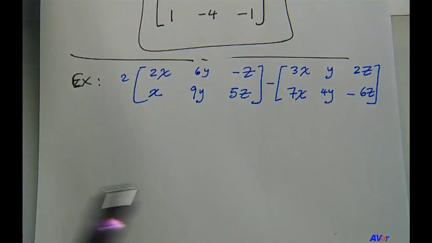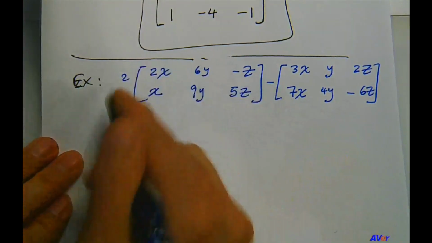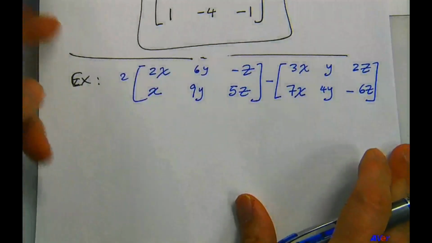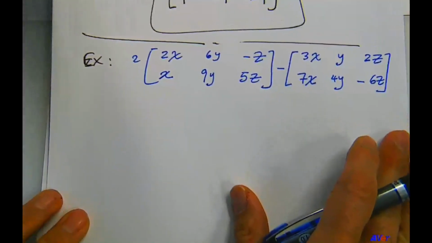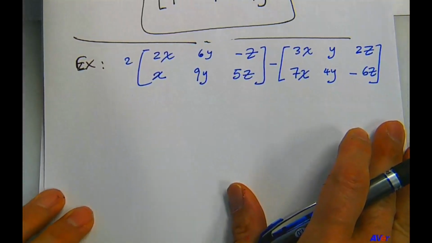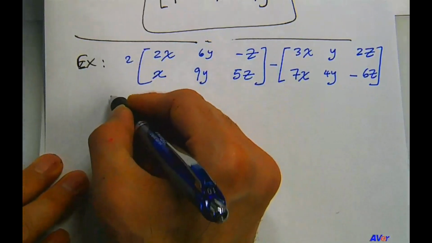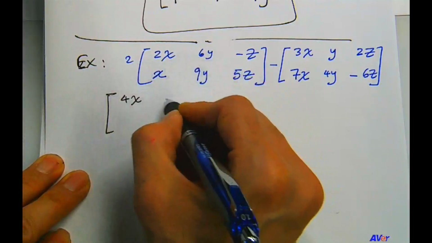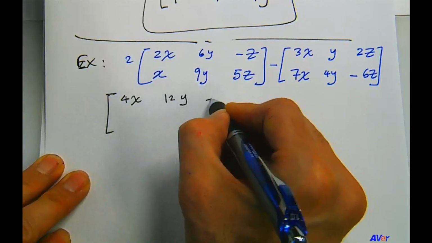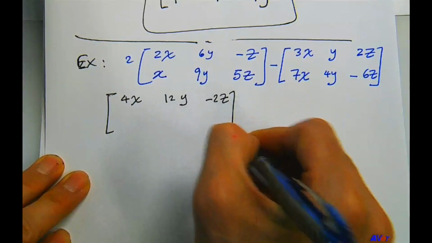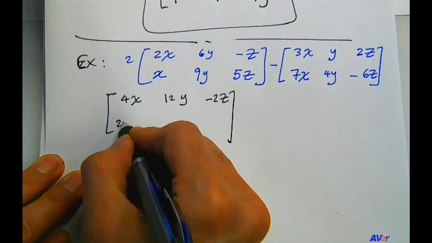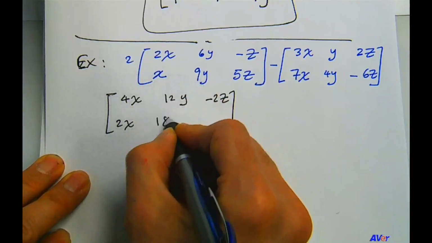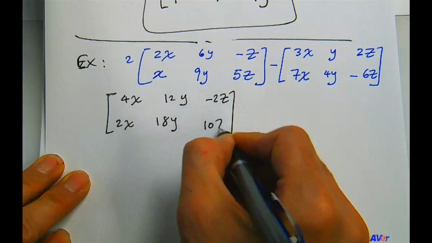Okay, so here I'm going to distribute the 2 first. We will have 4x, 12y, minus 2z, 2x, 18y, 10z.